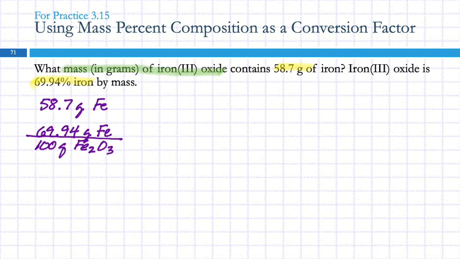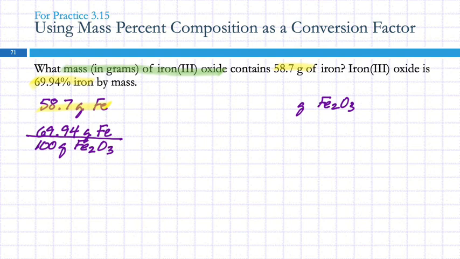And then what I want to do is find grams of Fe2O3. So the percentage here relates the amount of iron to the amount of iron oxide. This is a conversion factor. This cannot be used as a conversion factor, and so that's the number we're going to start with.